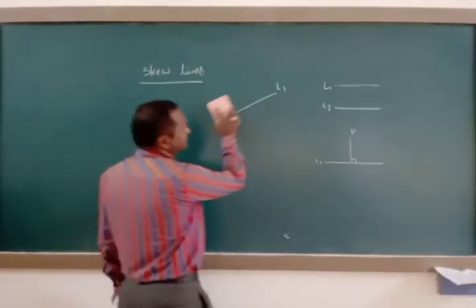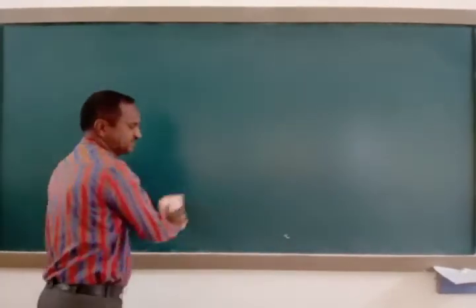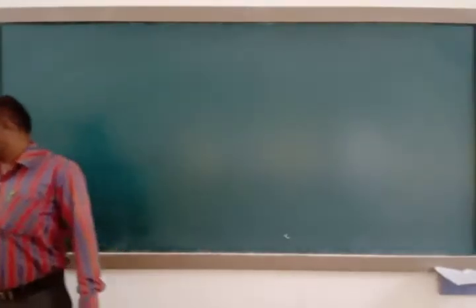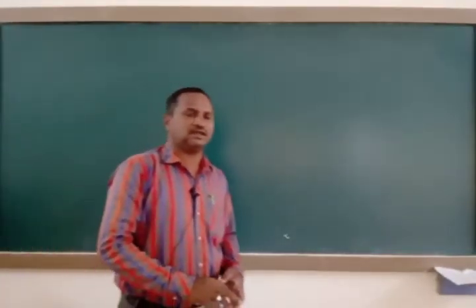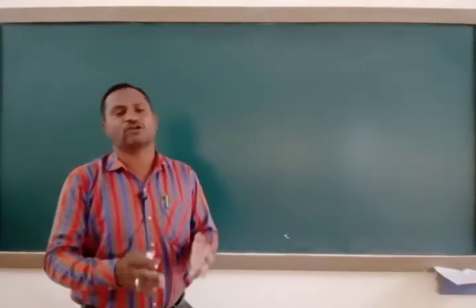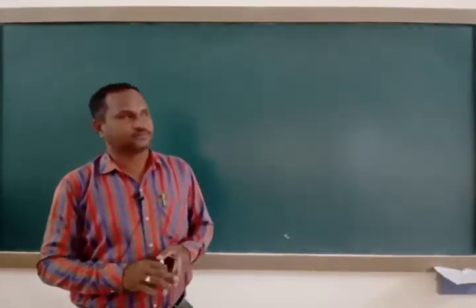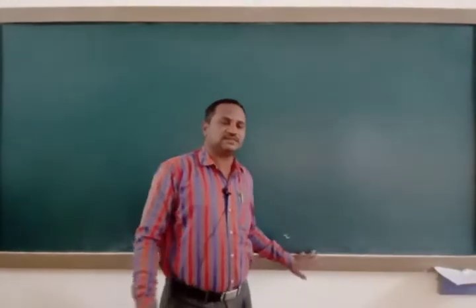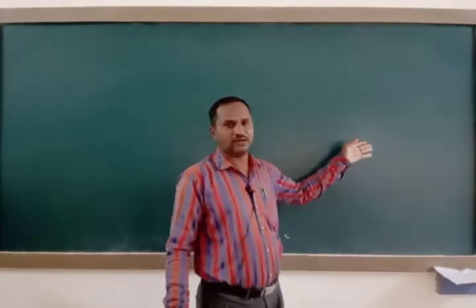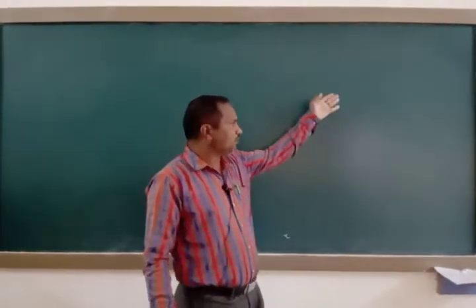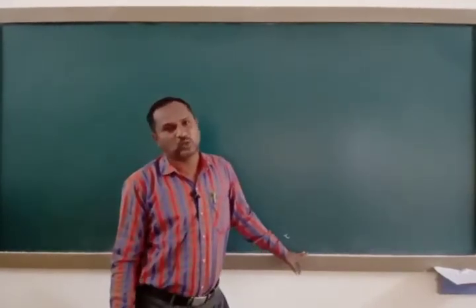Let us now discuss the shortest distance between the skew lines. Just now I told the definition of skew lines: lines that are not intersecting and not parallel. Skew lines are non-coplanar. In the cases of parallel, perpendicular and intersecting lines, all the lines are coplanar.